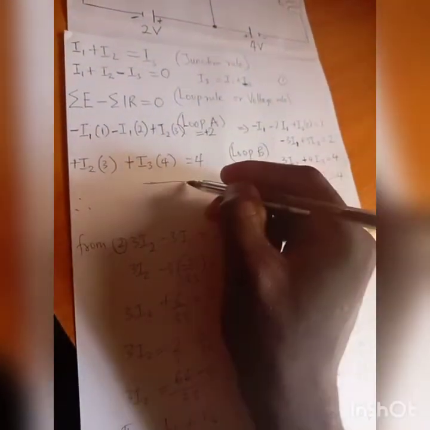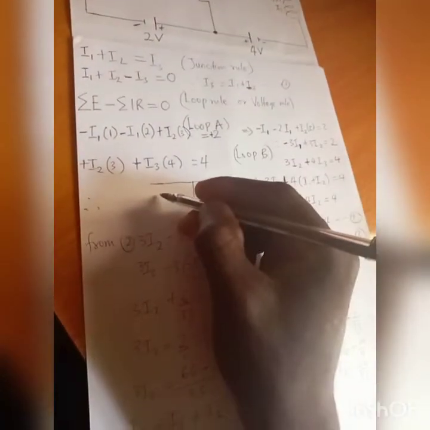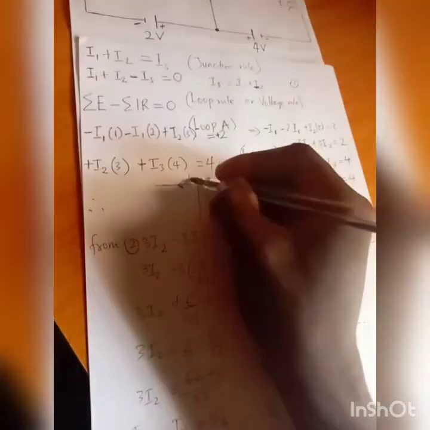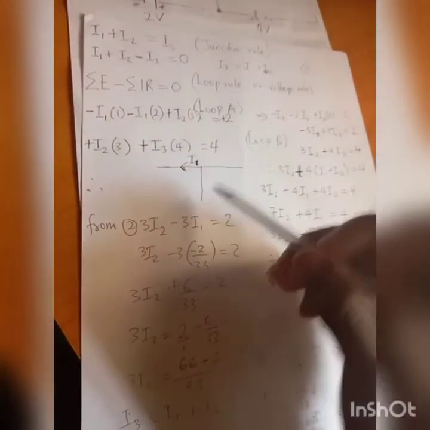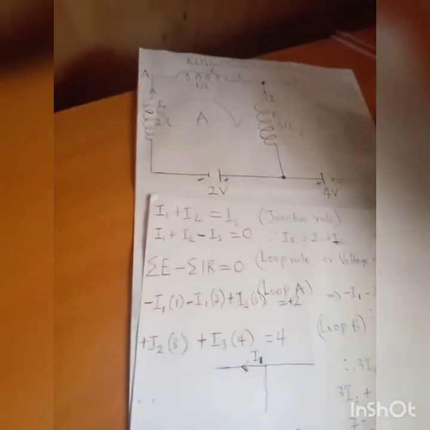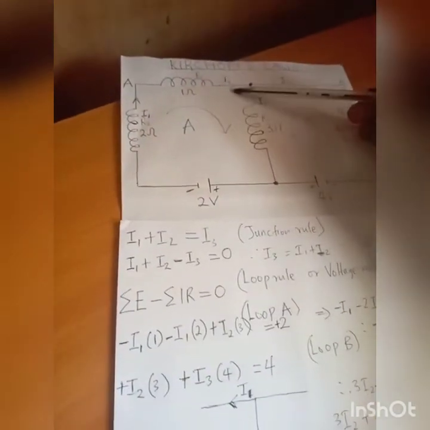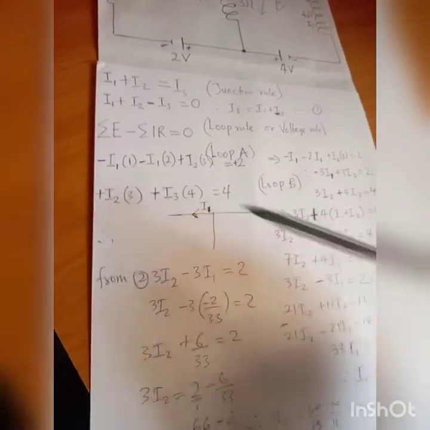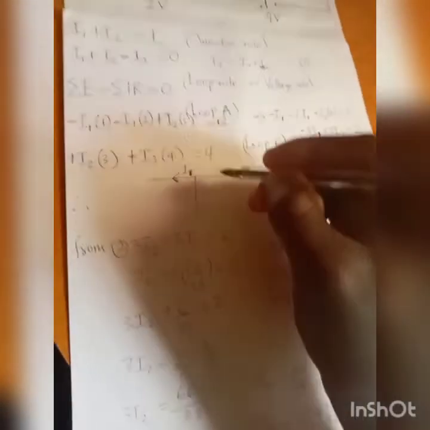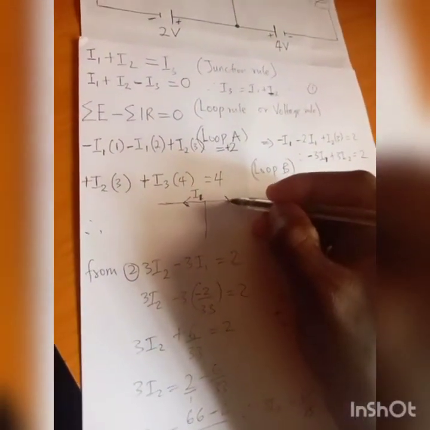We'll sketch it here. This is direction of current for I1. It will change. I1 direction will change to opposite of what we have. Here is this direction. So it will give you this because of negative. Then this will maintain its direction.